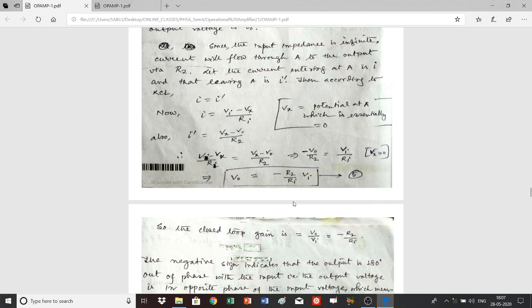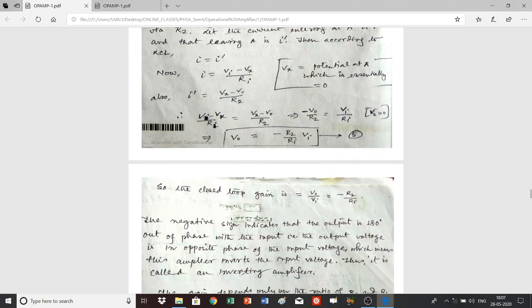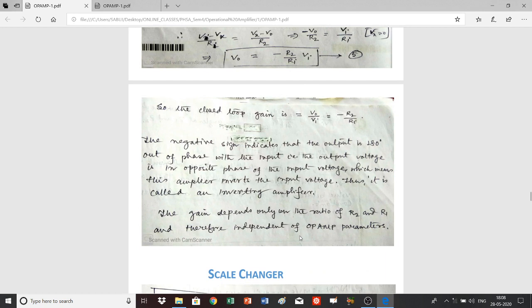And also from this relation you can find out the gain of the amplifier, which is given by V0 by Vi, that is equal to minus R2 by Ri. As I said already, the negative sign indicates that the output is 180 degrees out of phase with the input. That is, the output voltage is in opposite phase to that of the input voltage, which means that the amplifier inverts the input voltage, and that is why it is called an inverting amplifier.